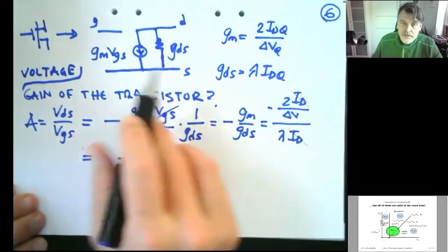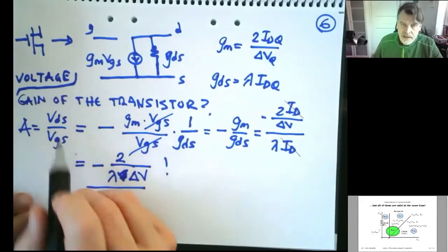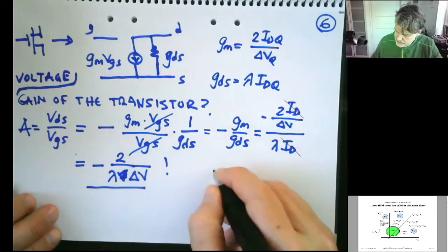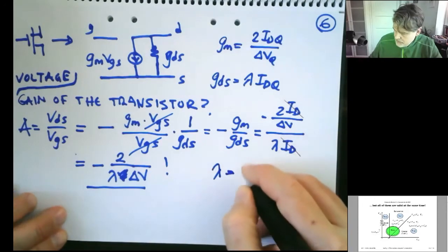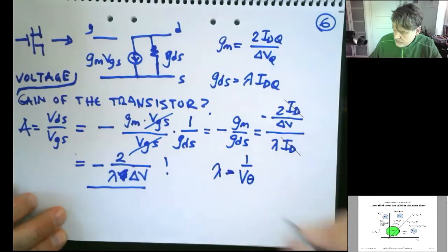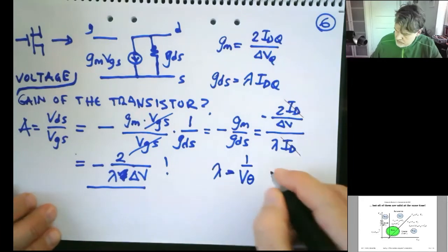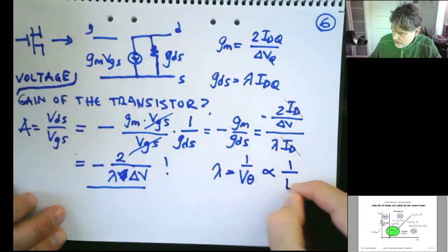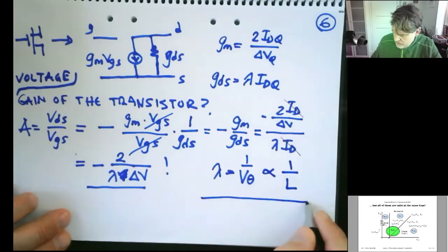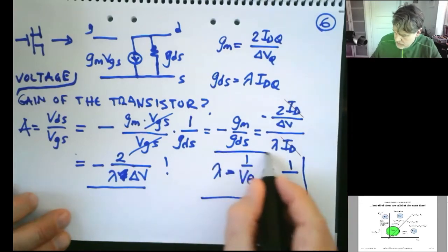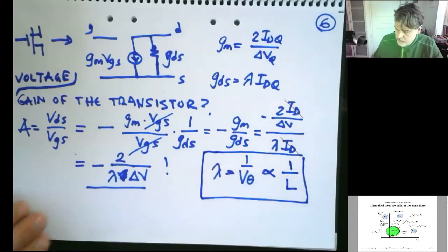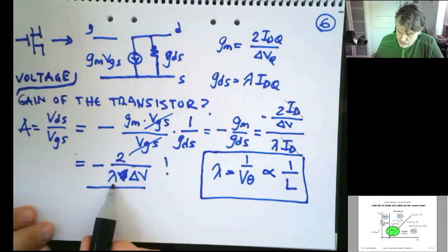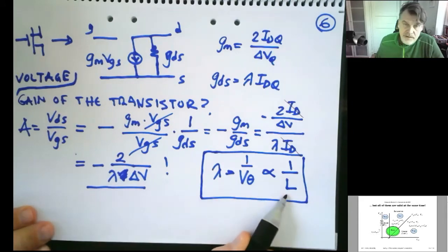So we have a quite simple way of defining gain of a transistor. As I noted, lambda here is 1 over the Early voltage, V theta. One can also show that this is inversely proportional to the channel length. So if I want to increase my gain, I could also choose to increase my L here.